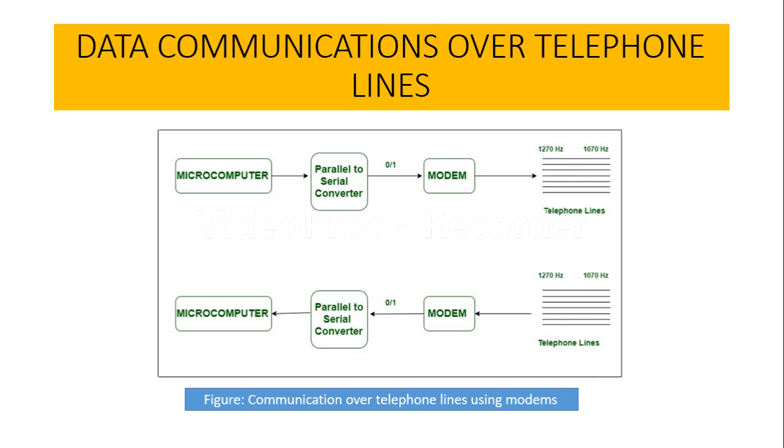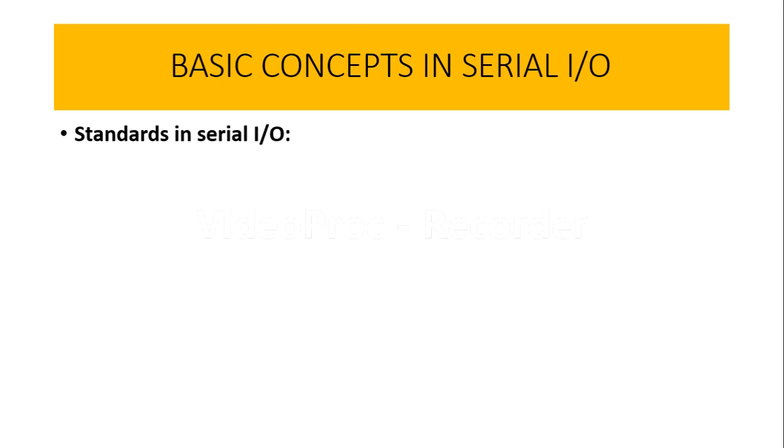That digital data, which is serial in nature, we apply to a serial to parallel converter, and we transfer the entire data to the microcomputer. So this is the concept of data communication over the telephone line.